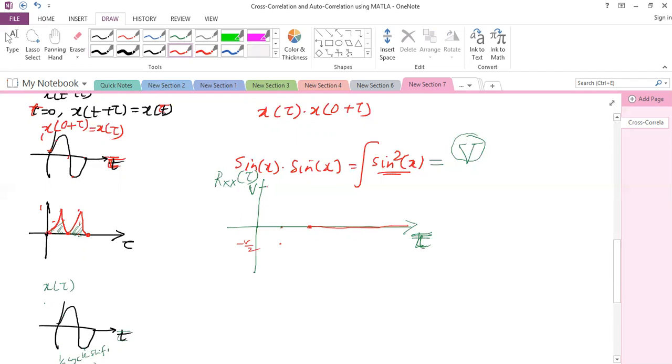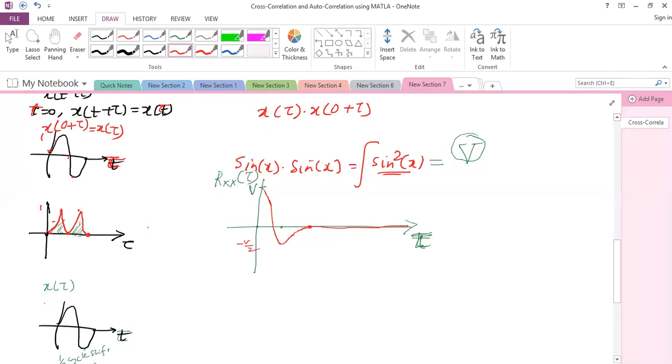So initially we have full overlap, and later it goes on decreasing in area. It goes towards minus V by 2, and later it is decreasing towards 0. This is what will be the result.